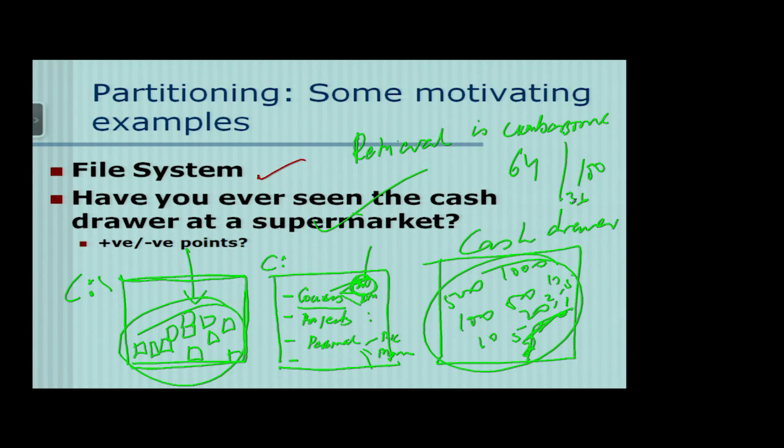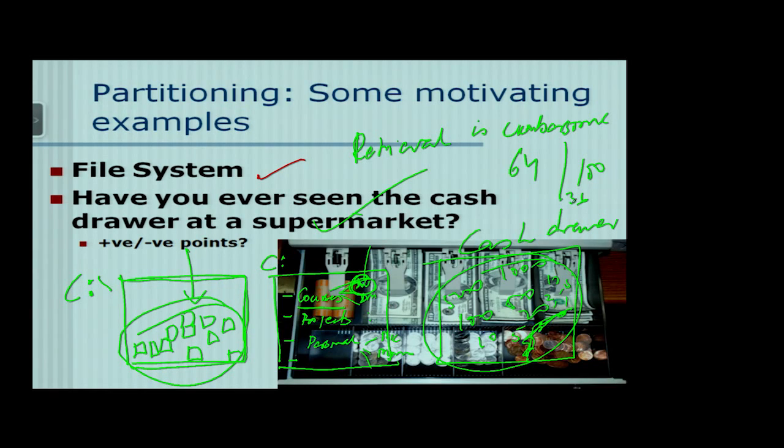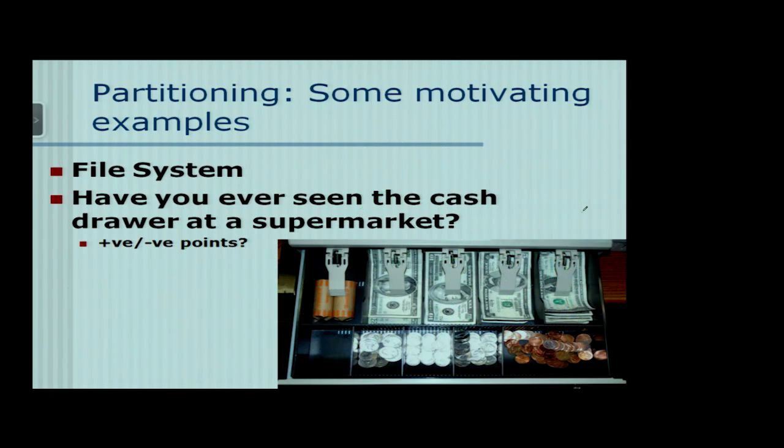And now let me show you a cash drawer. Let me clear the annotations now so that you can see. Now you see here that currency of different values is kept in separate compartments.